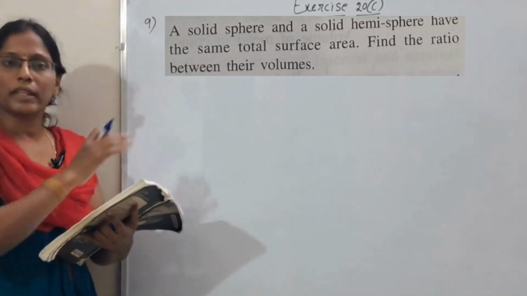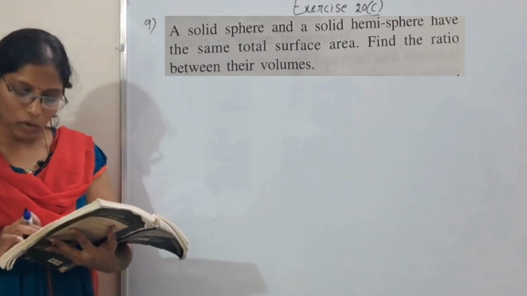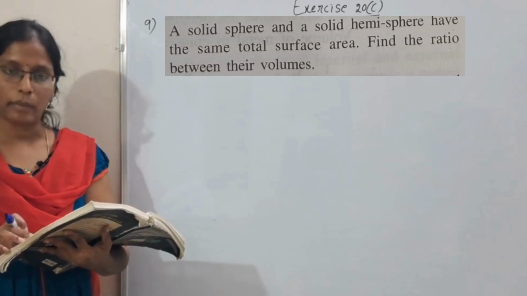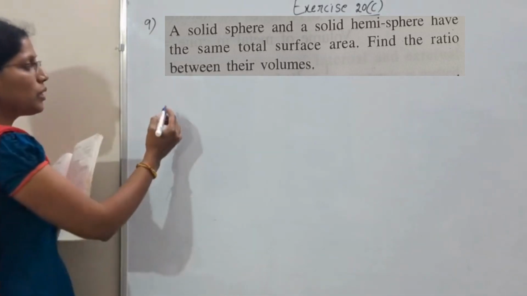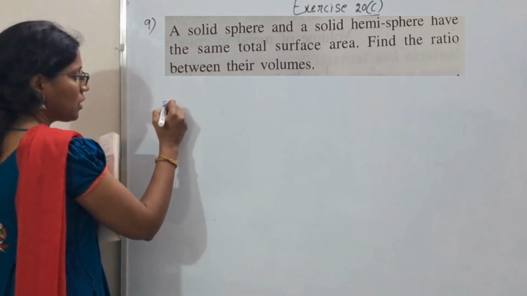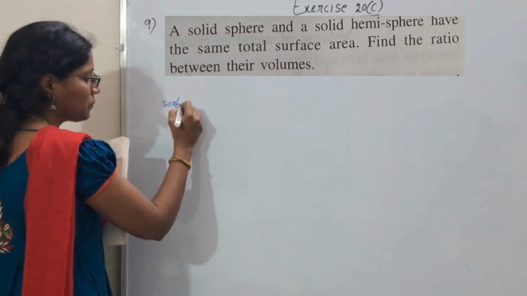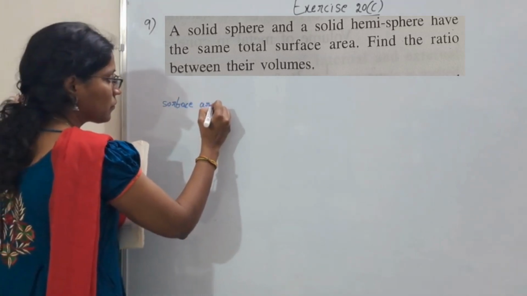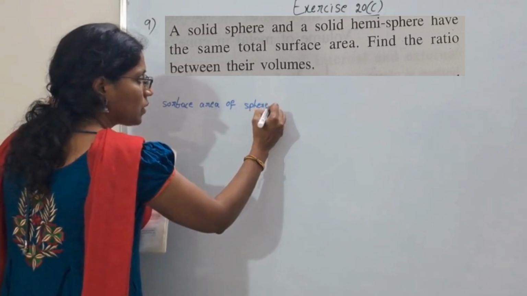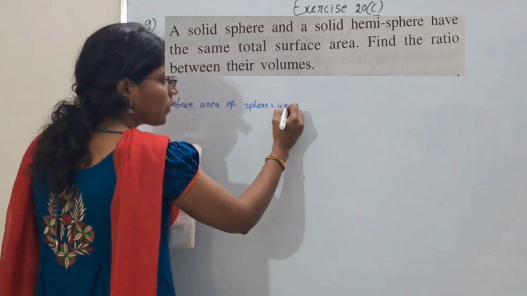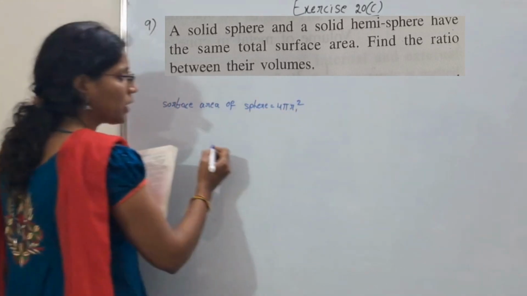Next problem number 9. In this problem, a solid sphere and solid hemisphere have the same total surface areas. First formulas you should write. Surface area of sphere is equal to 4 pi r1 square.